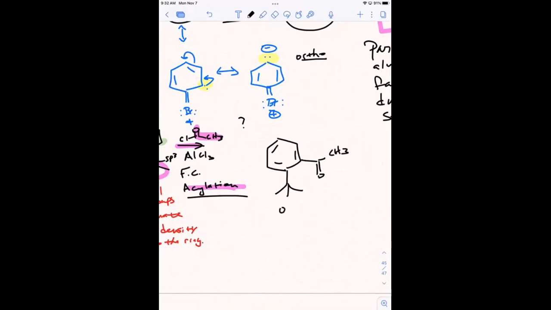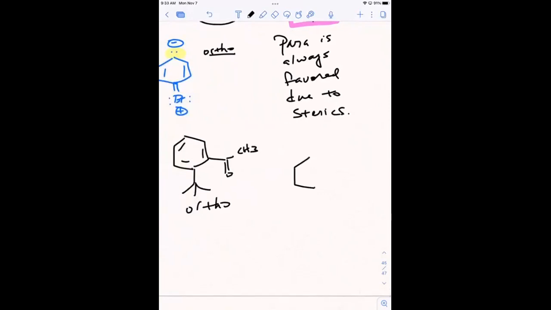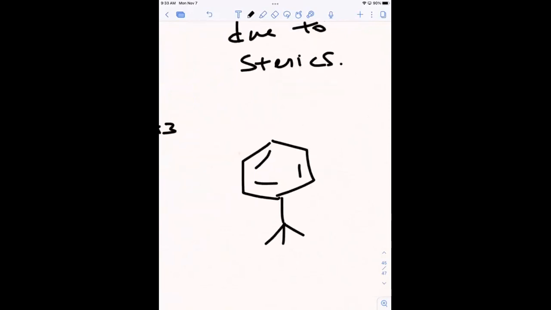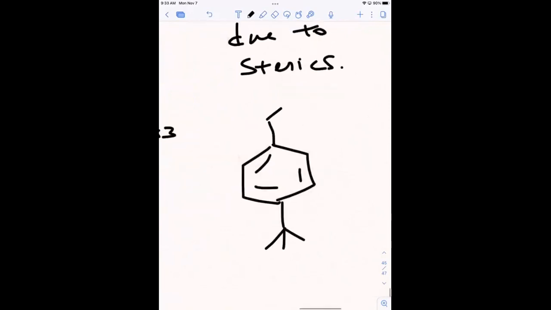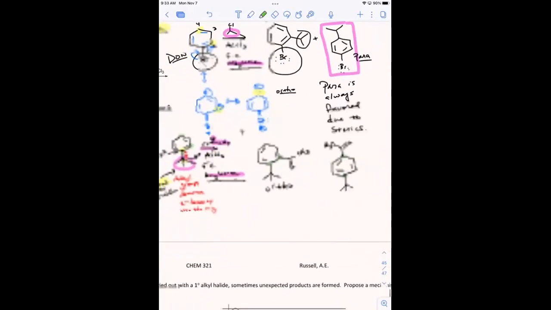This would be the ortho product. And then I'm also going to have a para product that looks like this. That's 1, 4. And this is 1, 2.